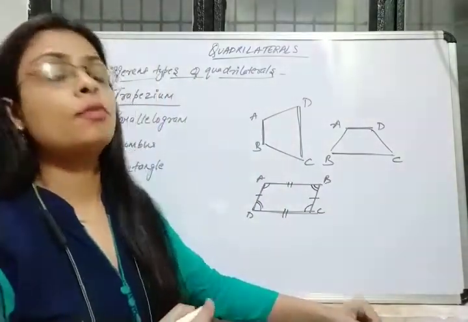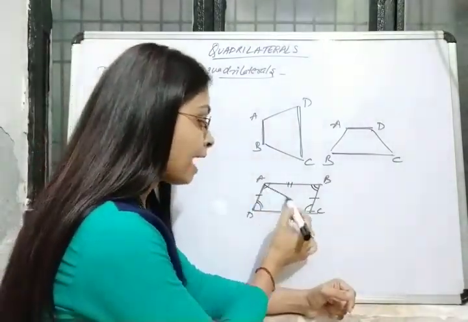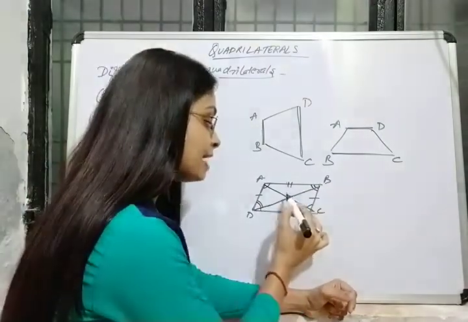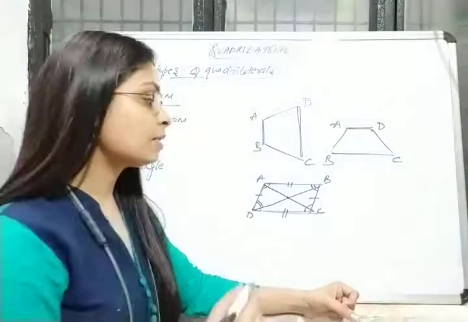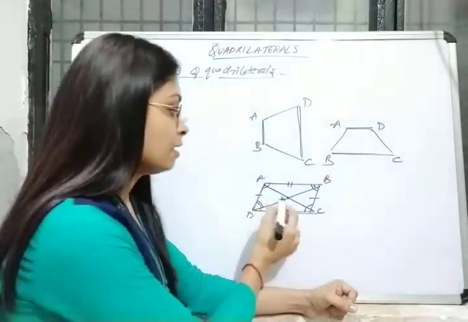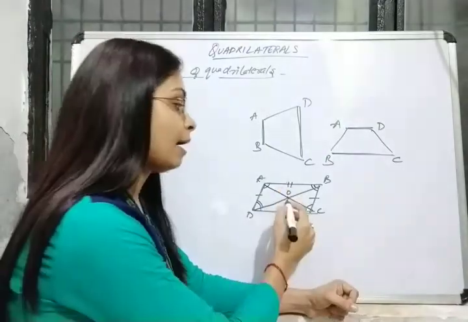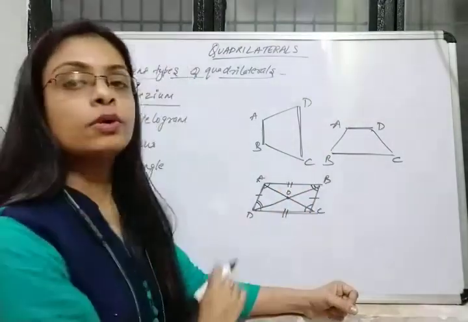There is one more property: the diagonals of a parallelogram bisect each other. That is, OA is equal to OC and OB is equal to OD.